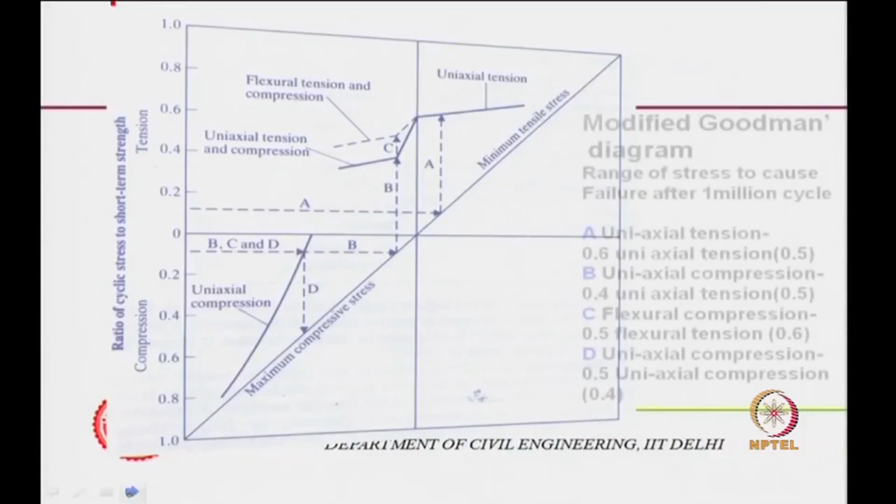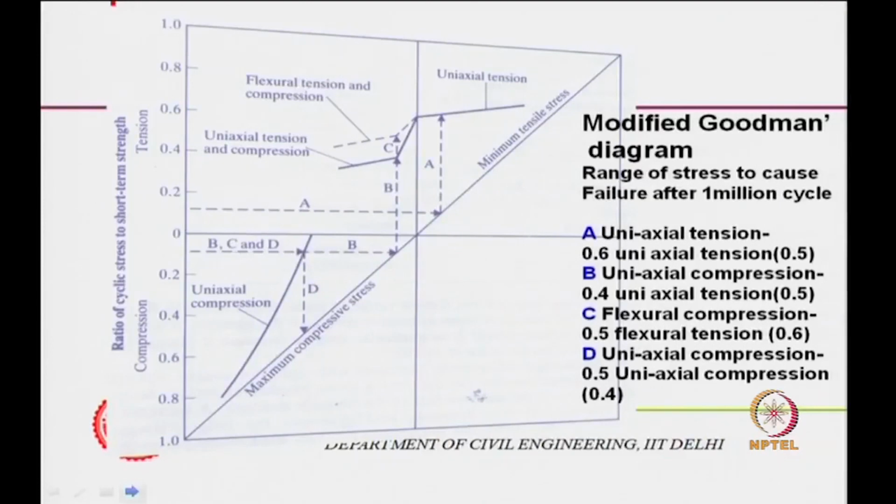We have something called modified Goodman's diagram. Here this diagram helps us in finding out what is the stress level or reversal of stress a concrete can withstand. For example, this curve, this is a minimum compressive stress line, this is a minimum tensile stress line.